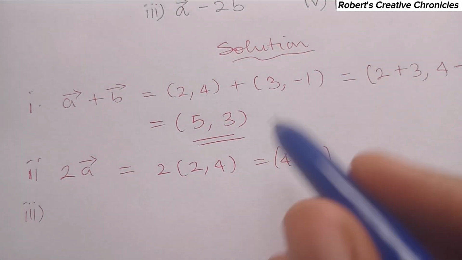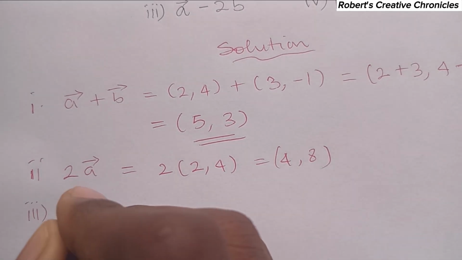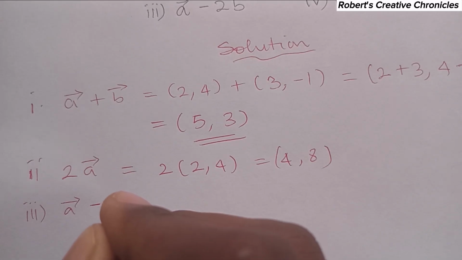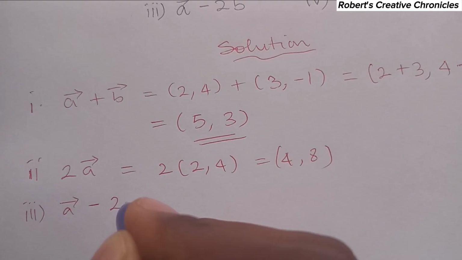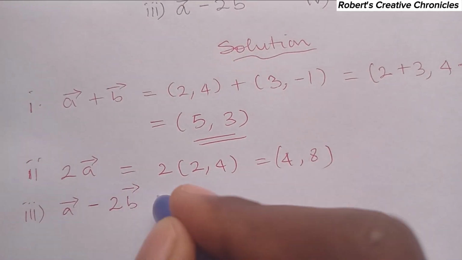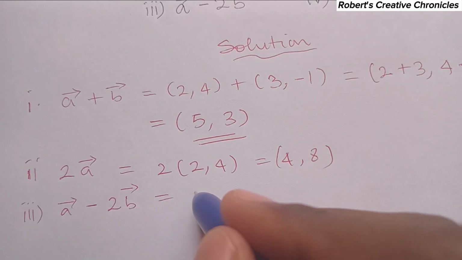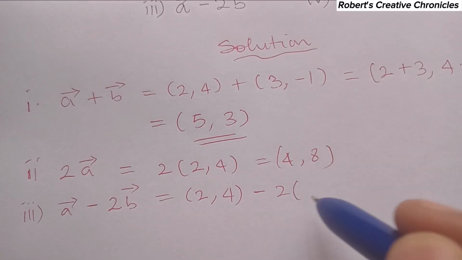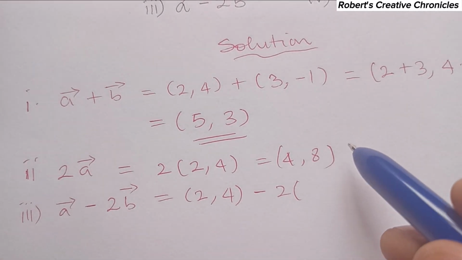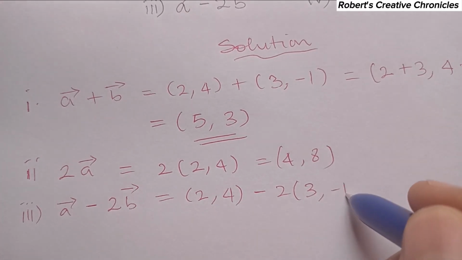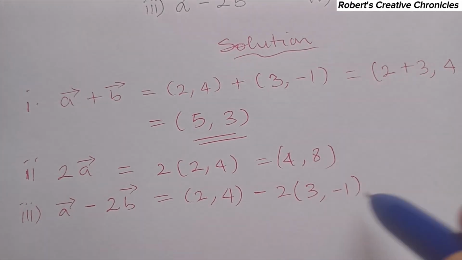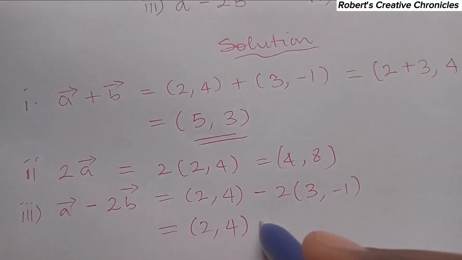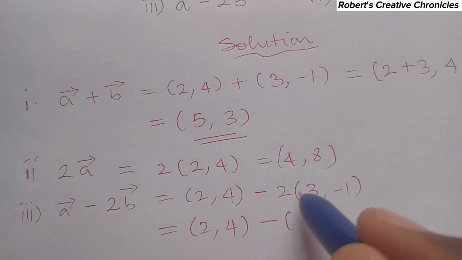Then the third one, vector A minus 2 times vector B. So this vector A is what? Is 2, 4 minus 2 times vector B. Vector B is 3, negative 1. So this becomes 2, 4 minus 2 times 3 is what?